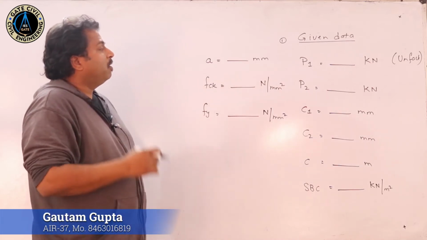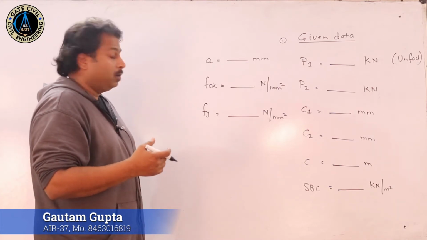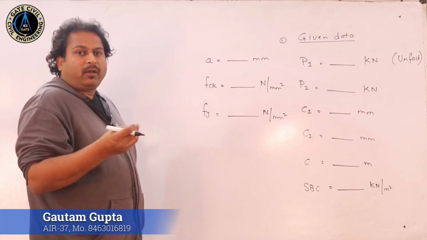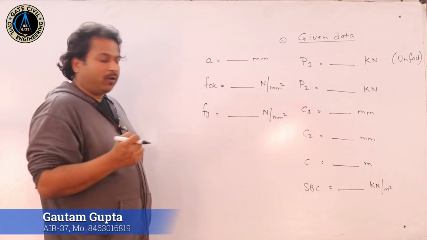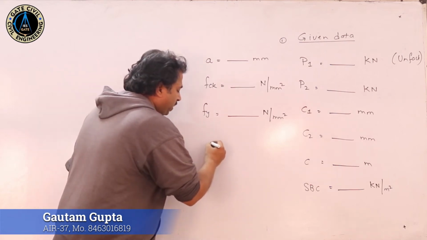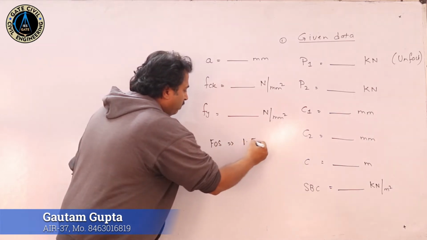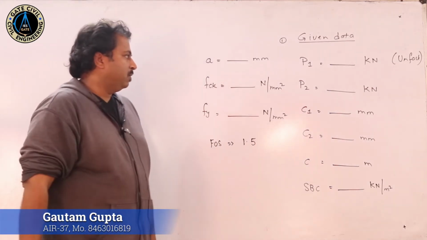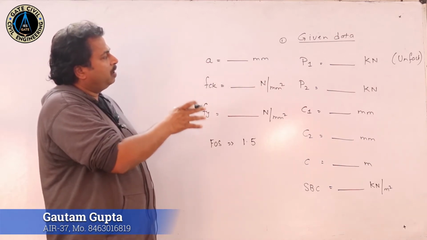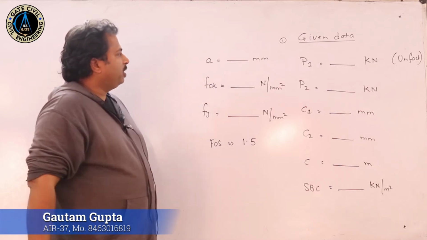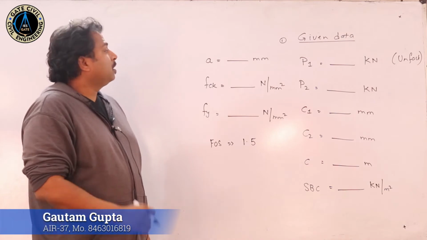Now, as we will be doing the calculations based on the limit state, there is a factor of safety that we have to use. We will call it the load factor of safety. So I am just writing it as FOS equals 1.5. So this is the basic data that is provided in the question, based on which we have to design the combined footing.